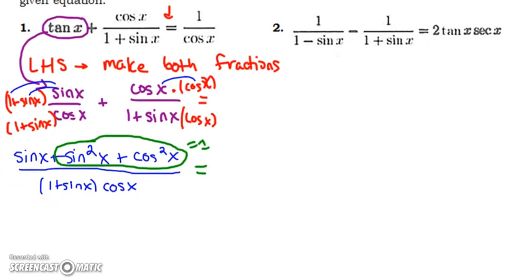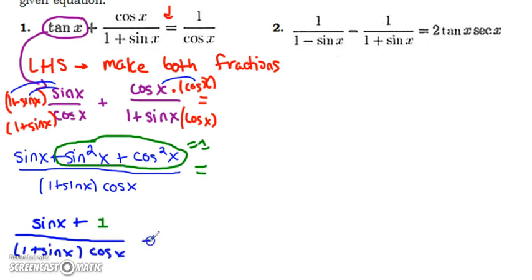That means I really have the sine of x plus 1, right? This whole bubble becomes 1. And then that's over 1 plus the sine of x times the cosine of x.